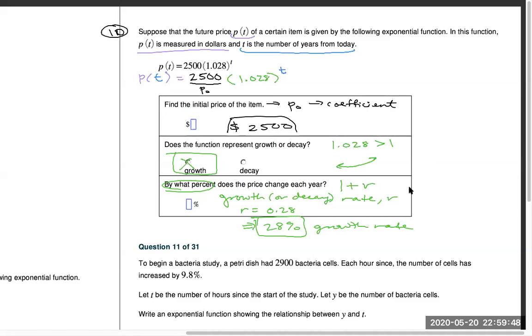Okay, how do I know that? Just off to the side, I have 1.028. That's going to equal 1 plus R. So if I subtract 1 from both sides, I have 0.028 equals R. Oh, and then I just found another error. Okay, so our rate is actually 0.028, which means we have a 2.8% growth rate.